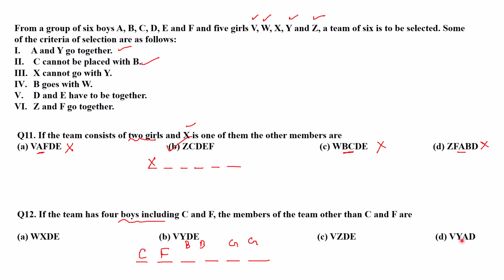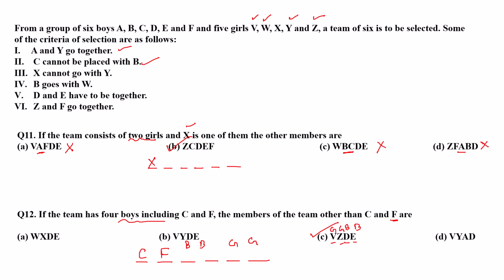In the C option Z is there and in the D option also Z is not there. So it means the only way is C, because if F is going, Z should also be there, isn't it? That is the condition. Now let's check. You have 2 more boys and 2 more girls or not. So D and E, they both are boys and V and Z both are girls, isn't it? So C is the correct option.